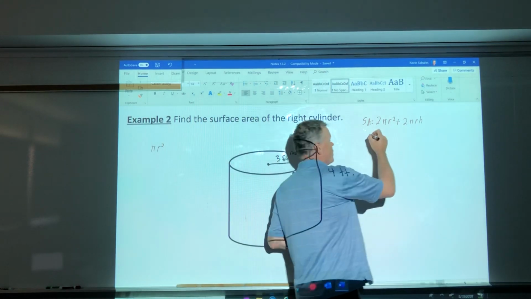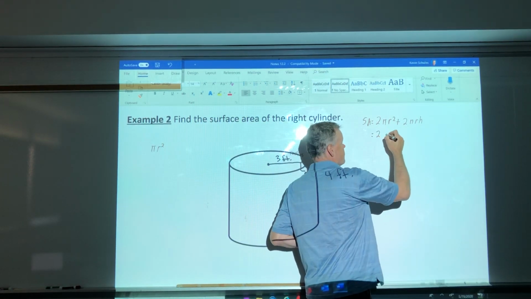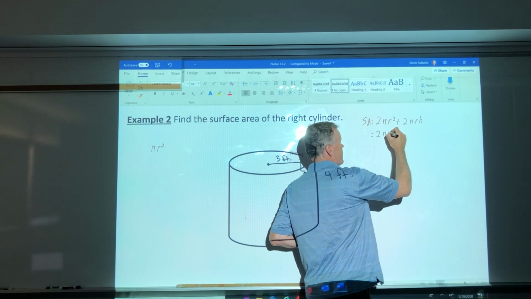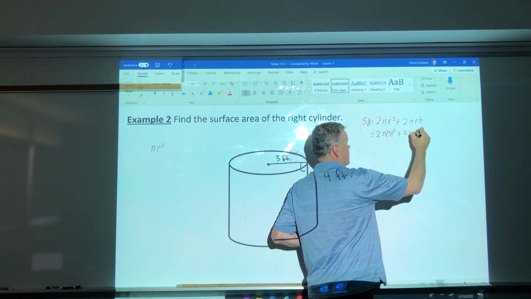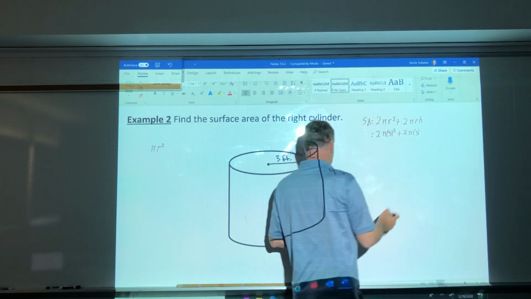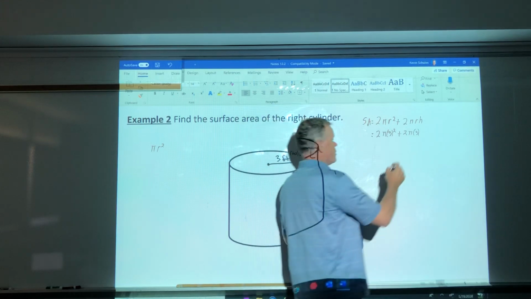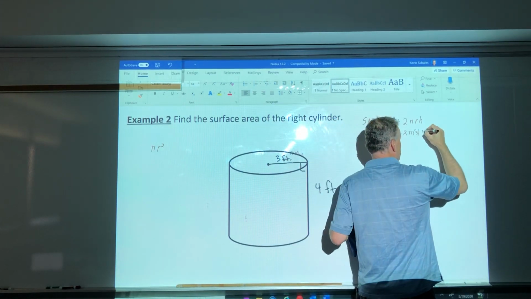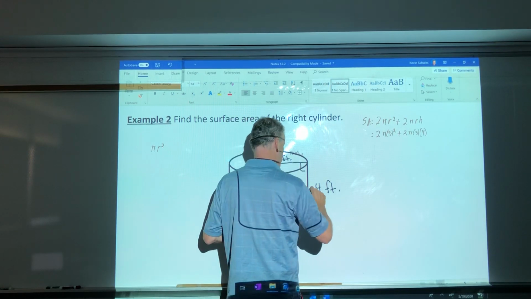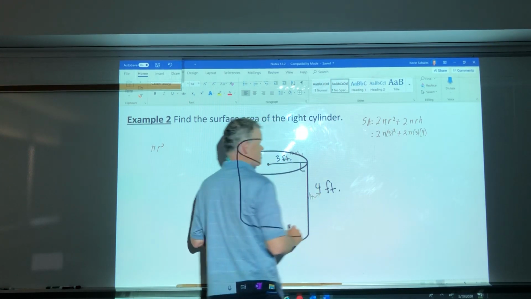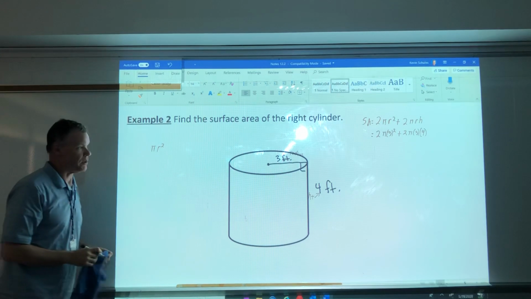So we're going to do 2 times pi times radius squared, 3 squared, plus 2 times pi times 3 times our height, which is 4. So basically we're just putting everything into the formula.